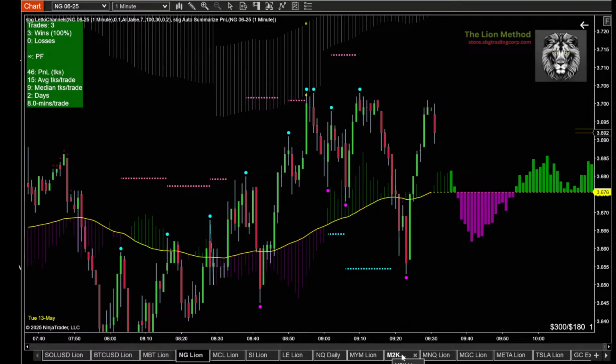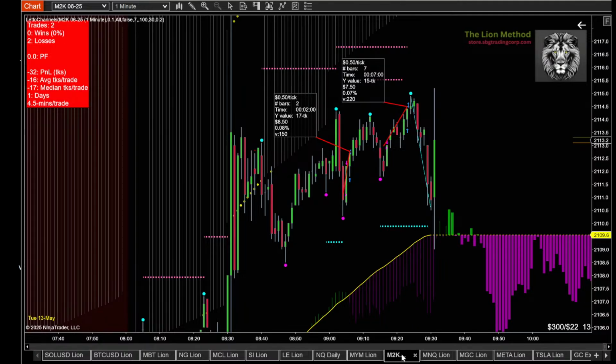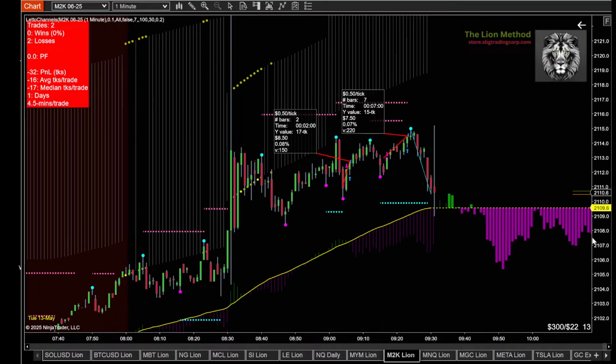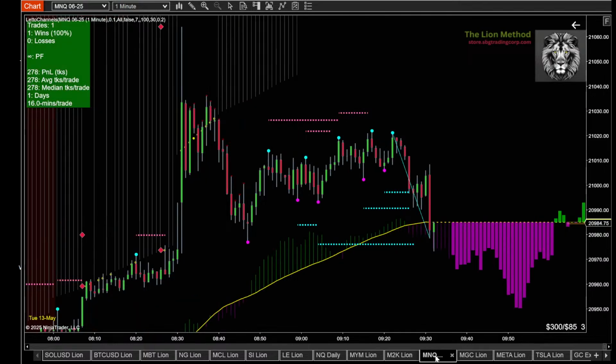Gas of the natural variety right there. We're not overbought or oversold. Finding support at the 100 right now. Let's see.